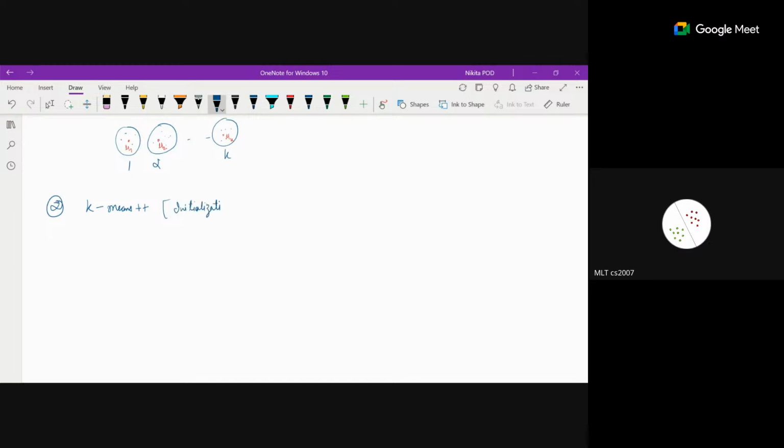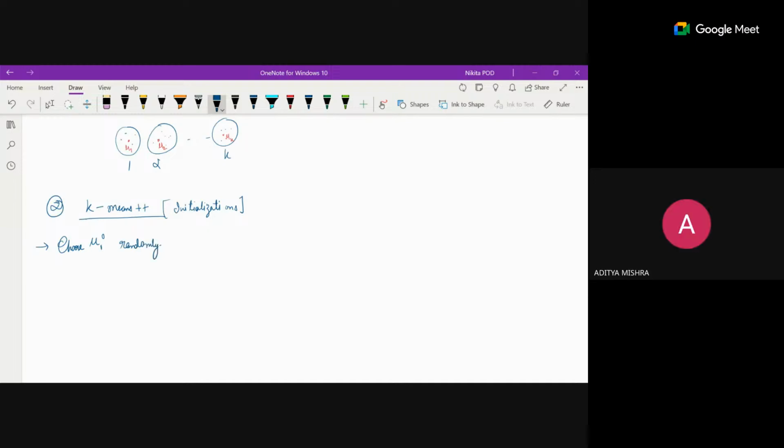So in k-means plus plus, instead of initializing all these mu i's, we will only initialize one. We will choose any one mu. Let's say we choose mu1 not randomly.